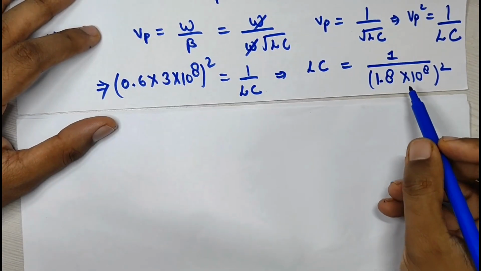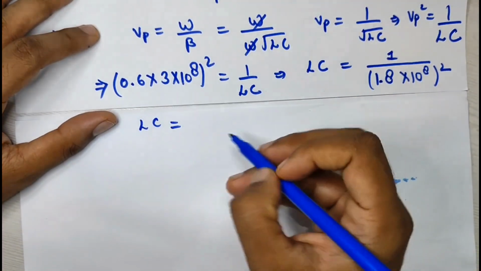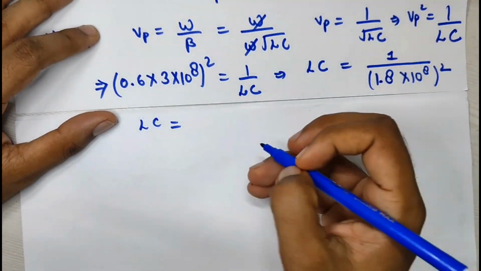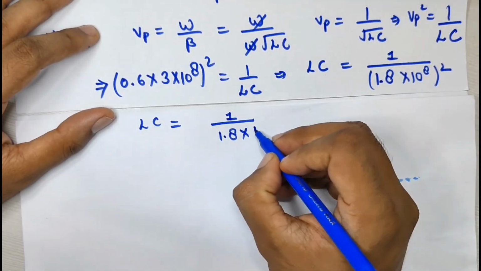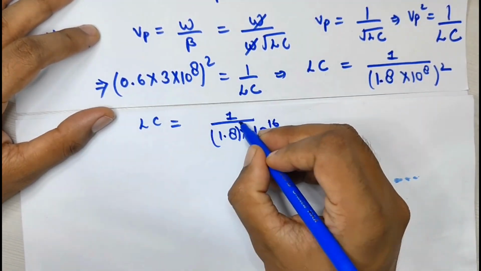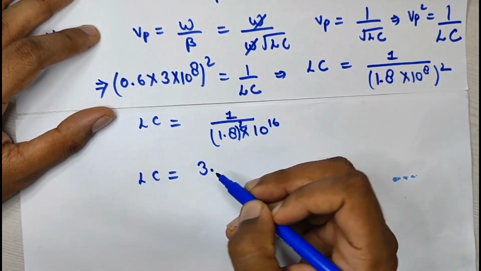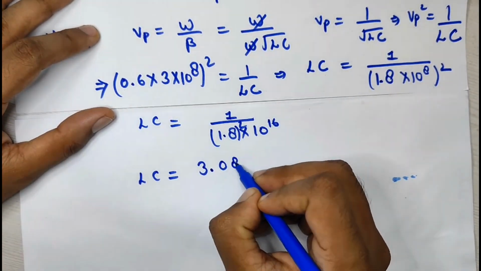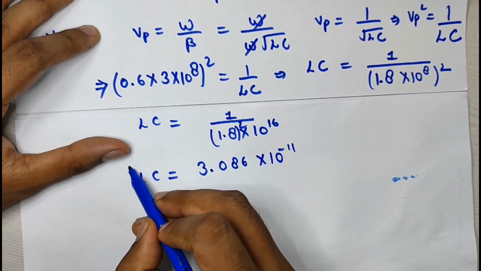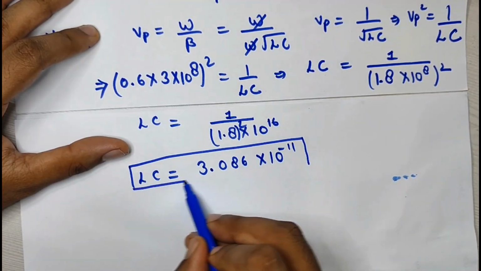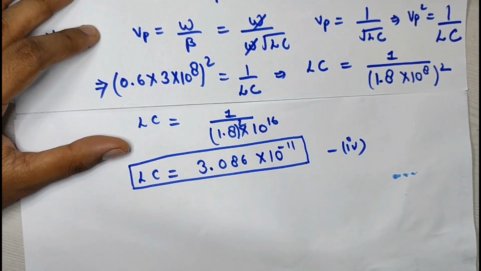We will try to solve this value. Then LC can be written as, we have calculated LC. We will call this value 4.